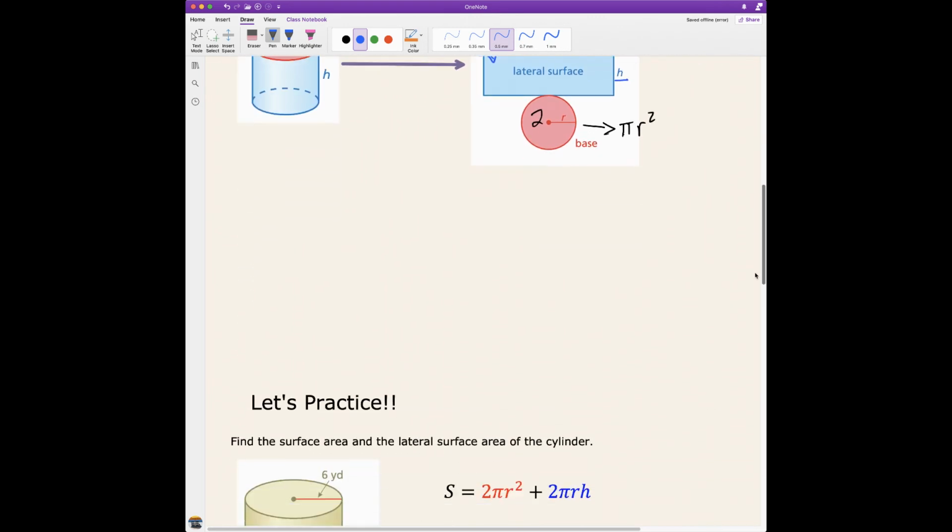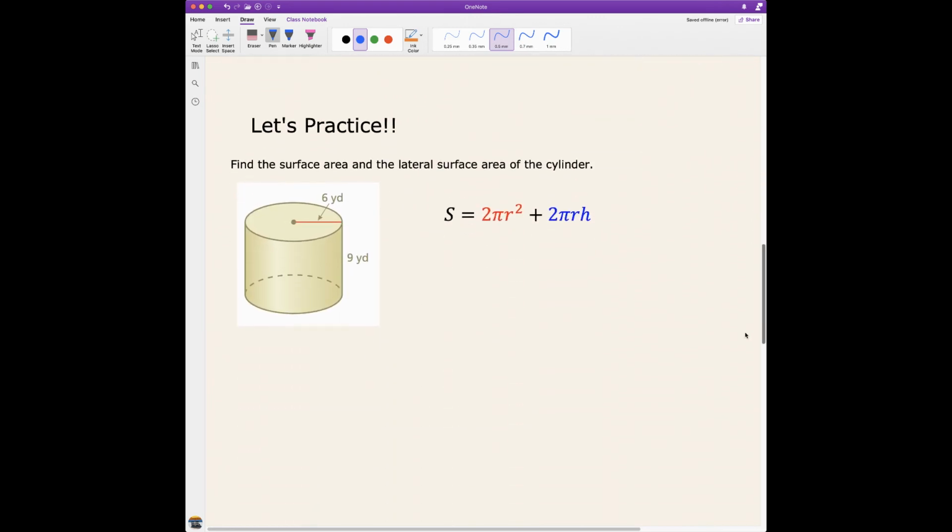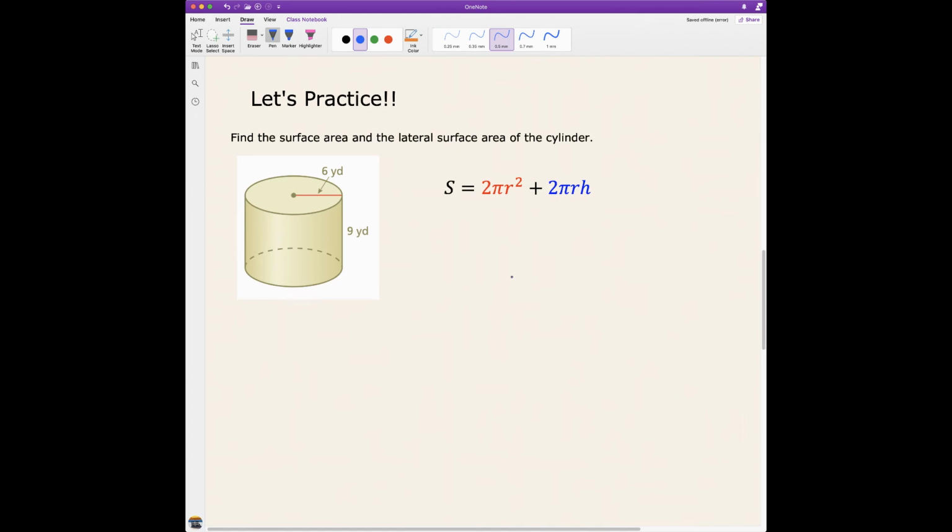We're going to see it in action here as we work through. I think I've got 3 problems here. So for the first one, step 1, write the formula down. It's right there. Step 2, let's identify the pieces that we need. We need the radius and we need the height. So when you look at this drawing over here, what is the radius?